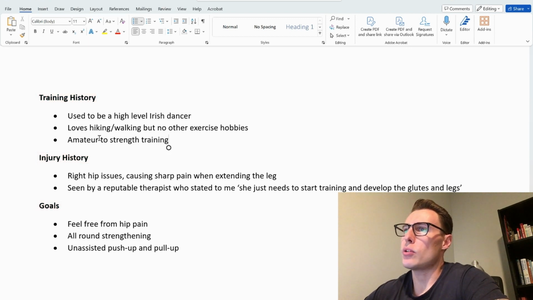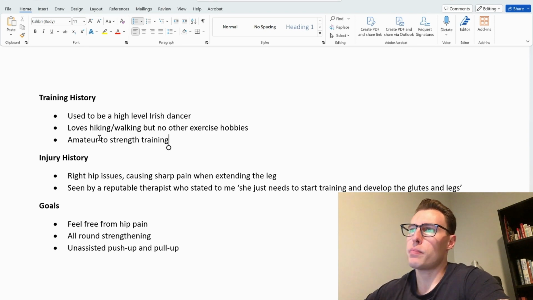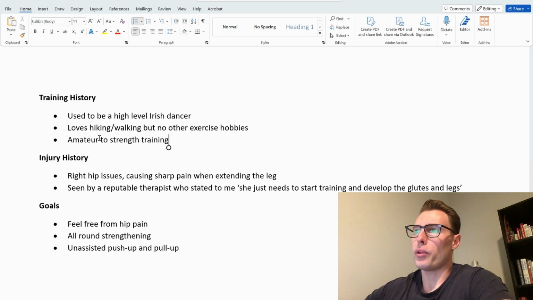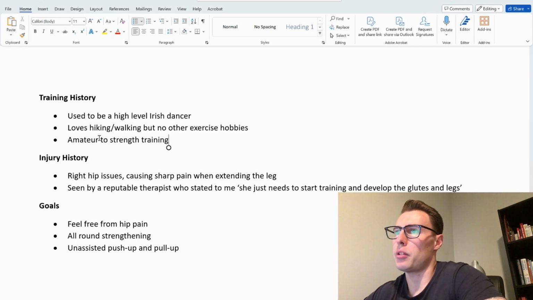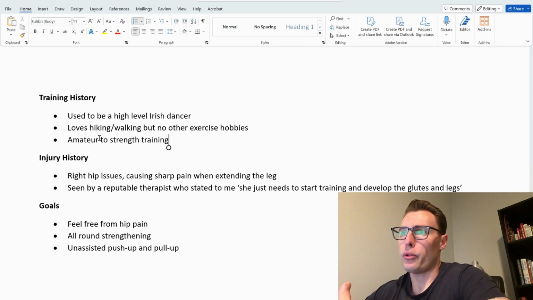Like I said, they used to be a high-level Irish dancer, so it tells me that they're already fairly athletic. They're not just coming off the couch, they haven't been sitting down their whole life before this. They probably have a good base and a good foundation to work with and will respond pretty well to a lot of the strength training we're going to be doing in the gym, even though they're an amateur.